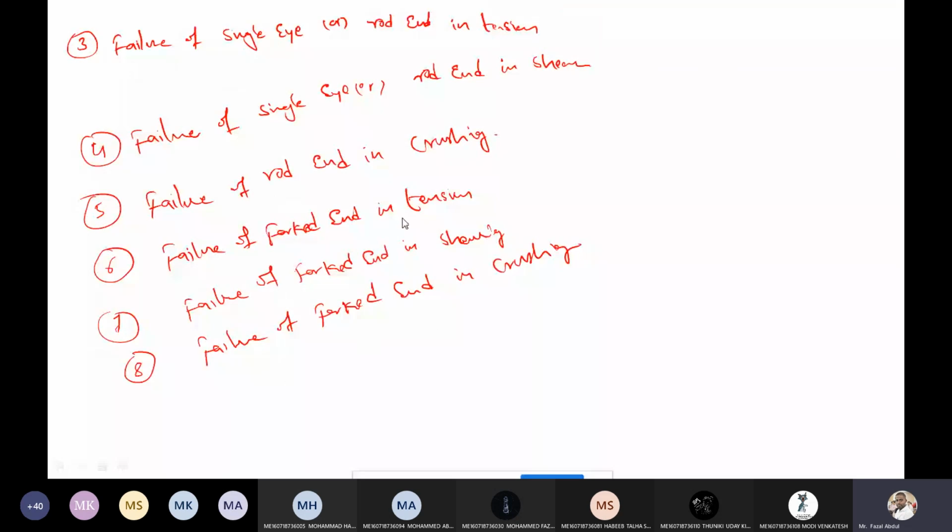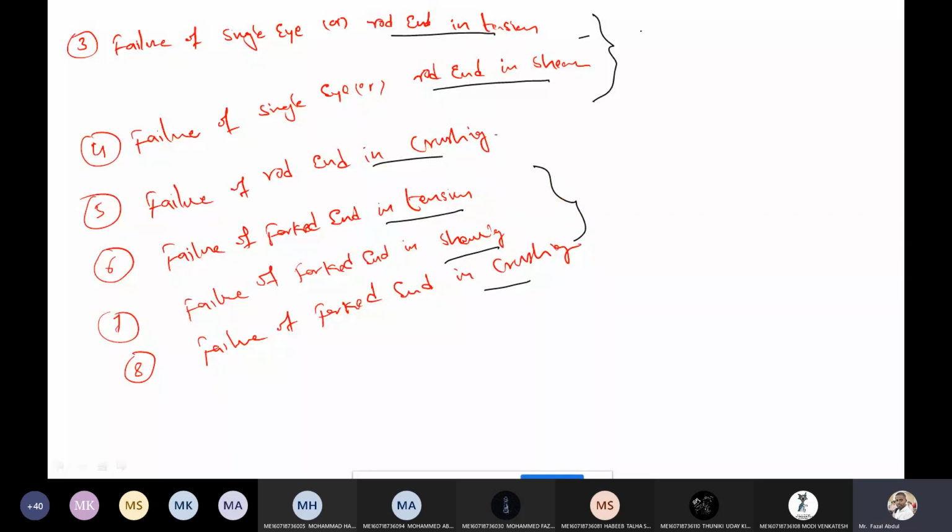Now from the third to the eighth point, if you observe one thing here: the single eye or rod end in tension, rod end in shear, rod end in crushing, and fork end in tension, in shear, in crushing.